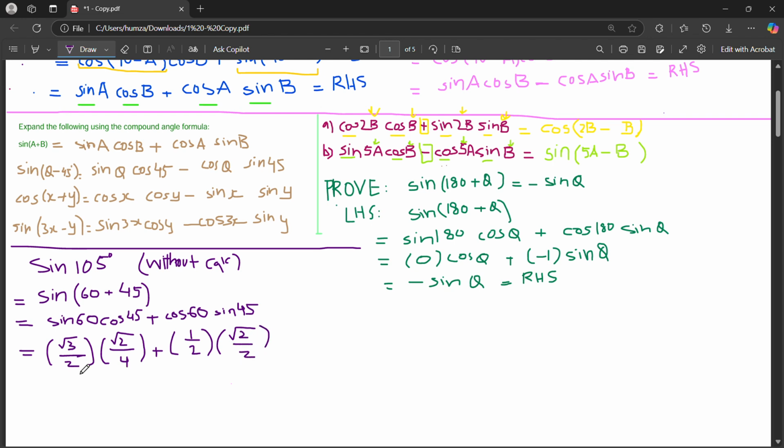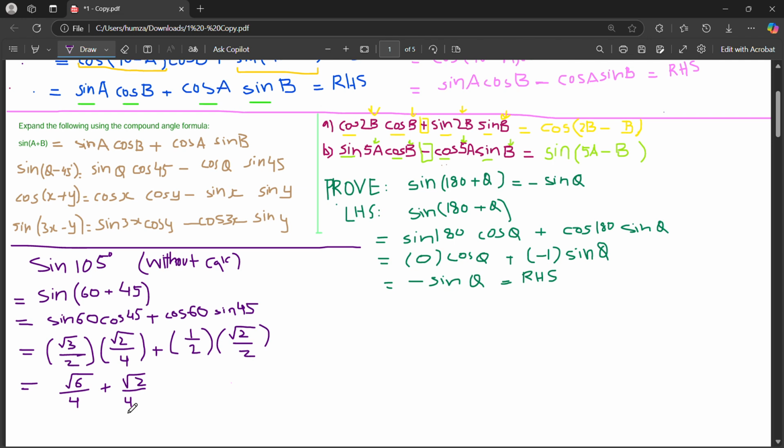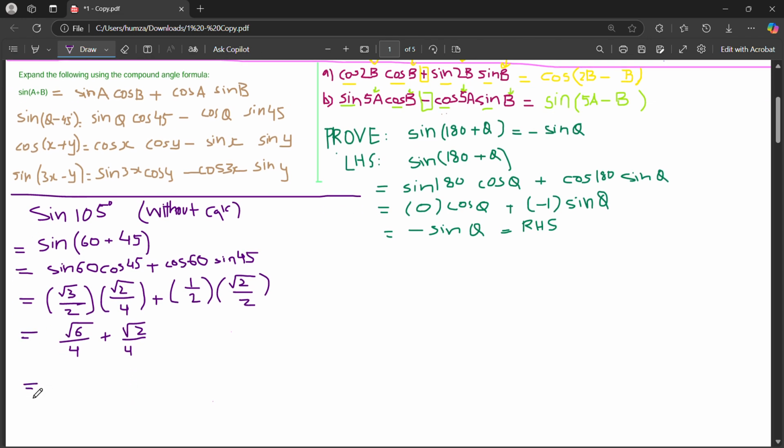Now we simplify, so we multiply this together and this part together, and we will get root 6 over 4 plus root 2 over 4, and then finally we can write it as a single fraction, with 4 in the denominator and root 6 plus root 2 in the numerator, and this will give you your answer.